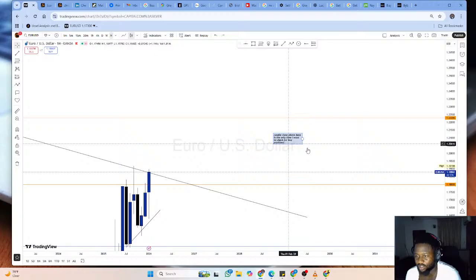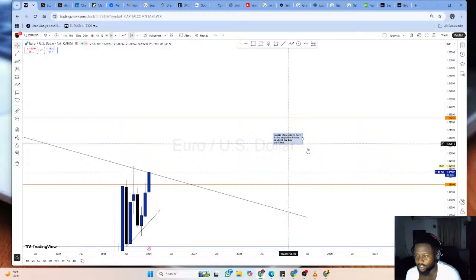I'll make that bigger. Candle close above here is the only time I want to check for buy positions, and that ain't changing still. This candle is sitting close above there, but it closed above here.